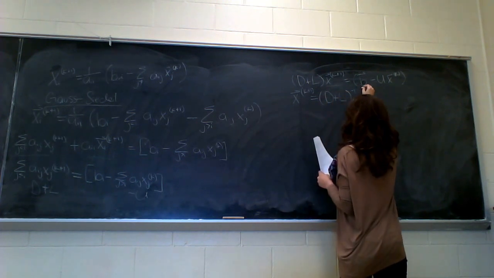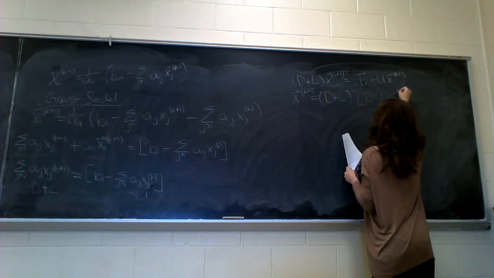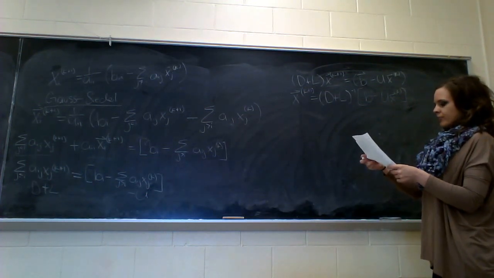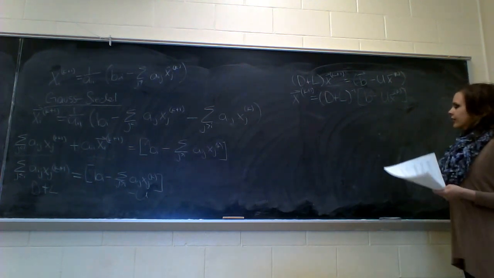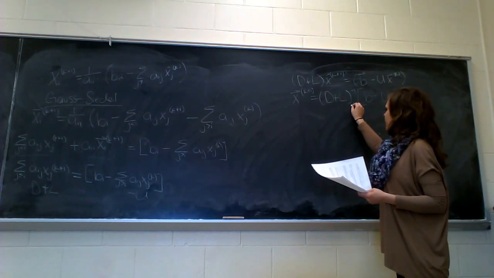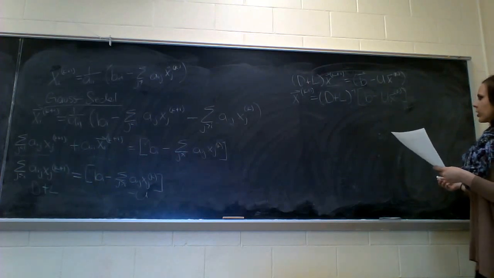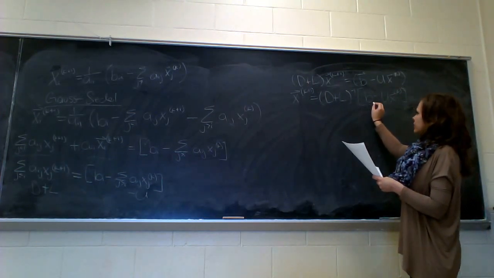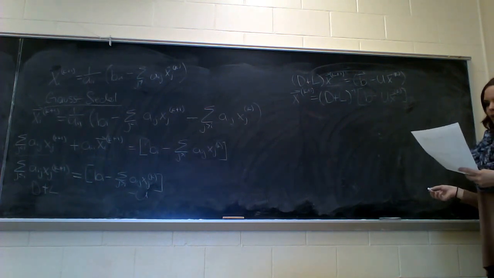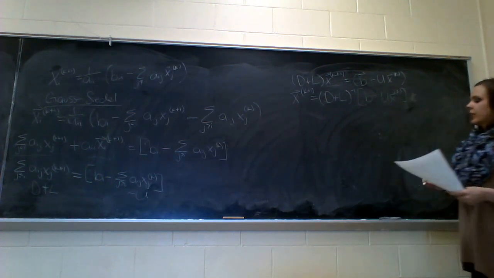So x^(k+1) equals (D plus L) inverse times (D minus U) x^k. And this is actually our Gauss-Seidel iteration. And this matrix right here is what we call our iteration matrix. Or actually, I'm sorry, this is M inverse, but M inverse N is what we would call our iteration matrix. So this is our iteration for Gauss-Seidel.